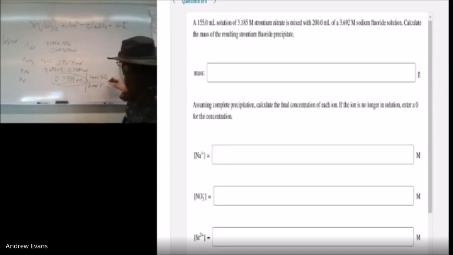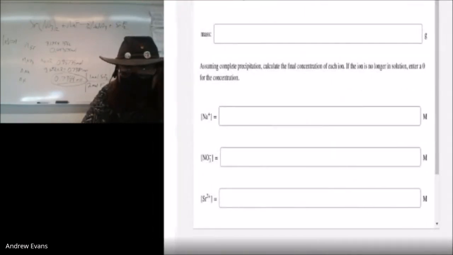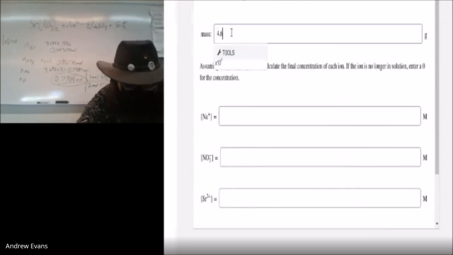So the molar mass of strontium fluoride is 125.6. So the first question it asks is, how much strontium fluoride could be produced? The answer is we could produce 4.637 grams.